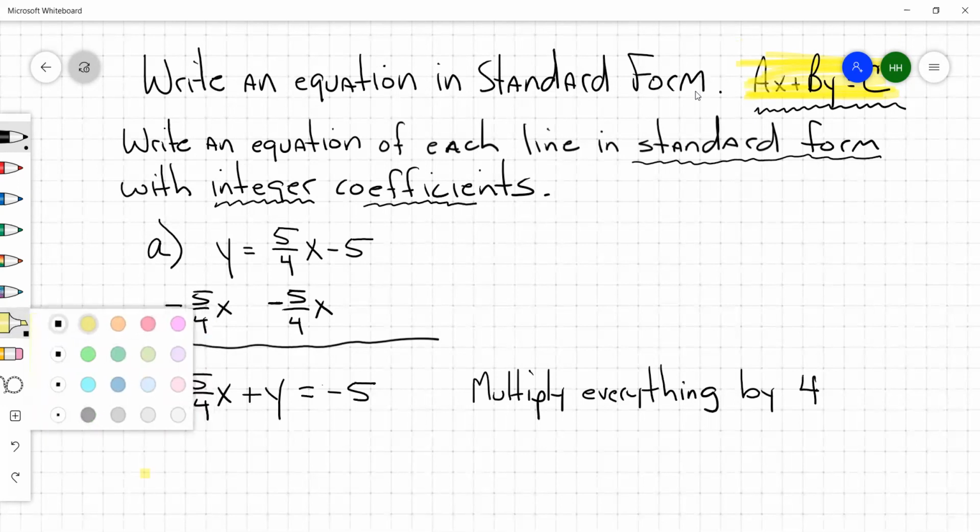All right. So we're going to multiply everything by this 4, which is right here.